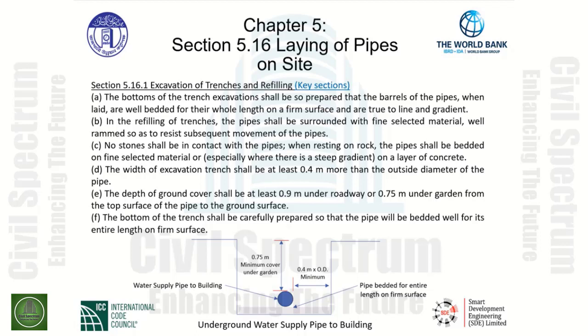Item E gives us the depth of the ground cover, and this section indicates that it needs to be at least 0.9 meters under the roadway or 0.75 meters under garden from the top surface of the pipe to the ground surface.